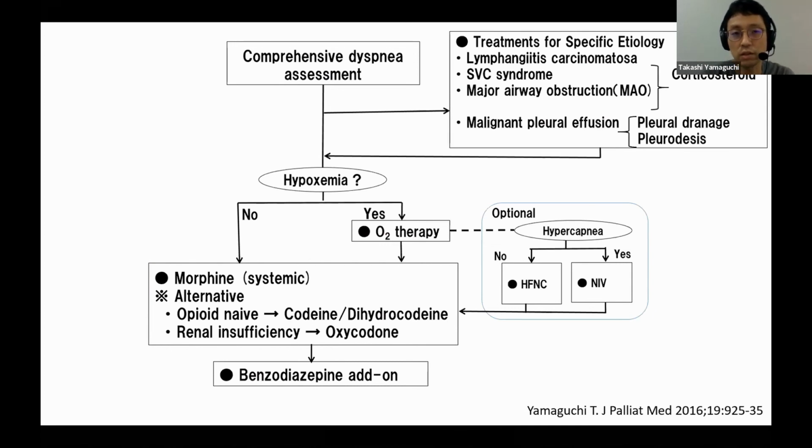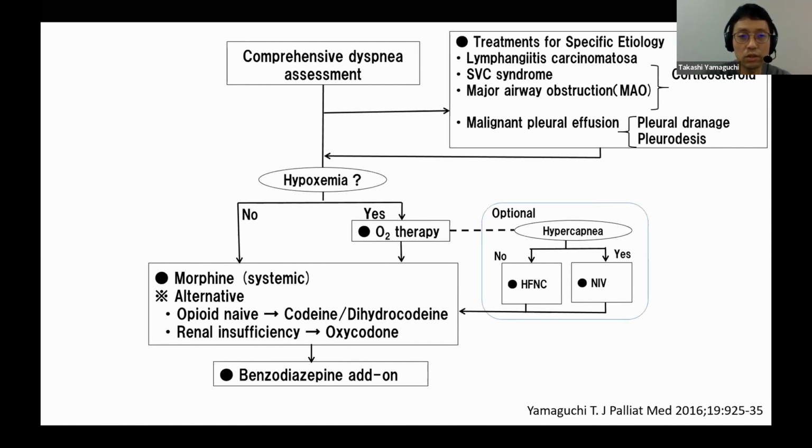And if we find a specific etiology, we have to consider etiology-specific treatment, such as corticosteroid for lymphangitis carcinomatosa, SVC syndrome, or major airway obstruction, and pleural drainage or pleurodesis for malignant pleural effusion.